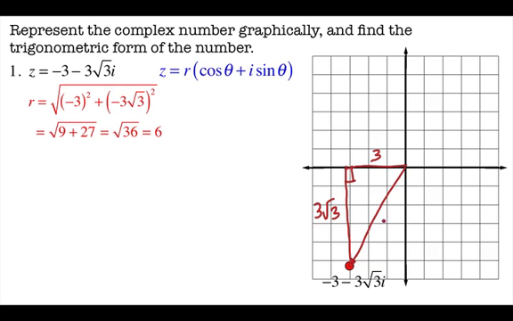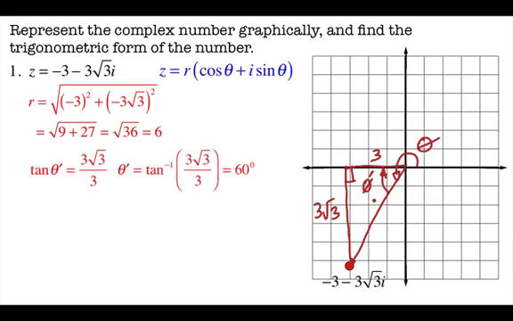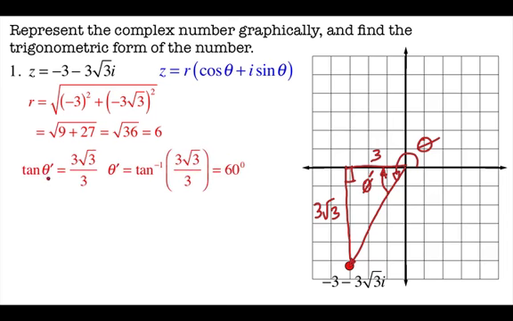Then at this point, what I need to do is find this theta, but this is actually theta prime. This is your theta. So first I find theta prime. To find theta, I add 180 to theta prime. So how am I going to do this? I'm going to use a tangent trig ratio. I get the following: opposite over adjacent.